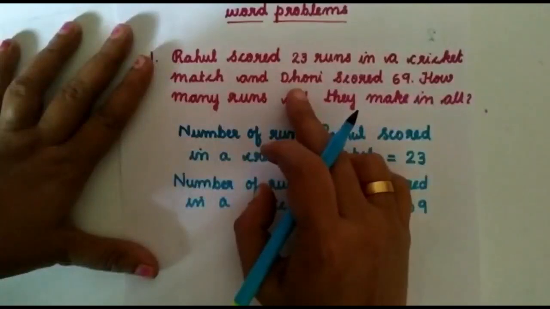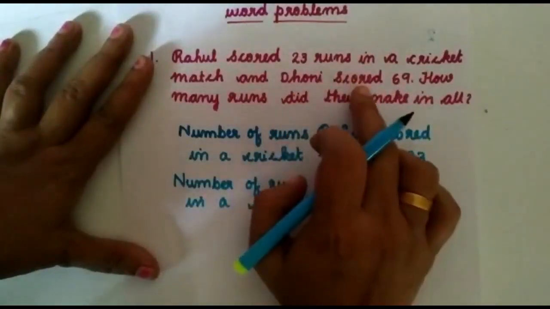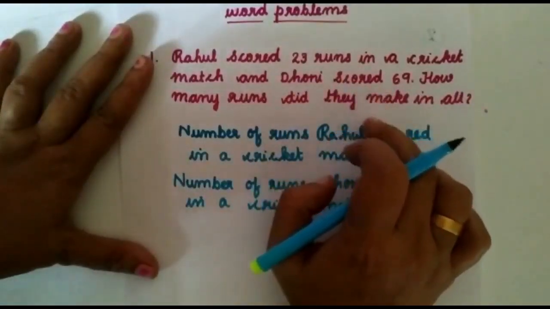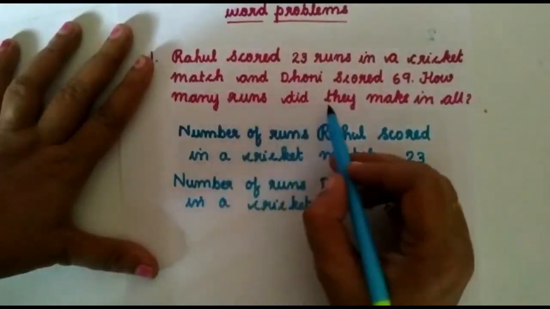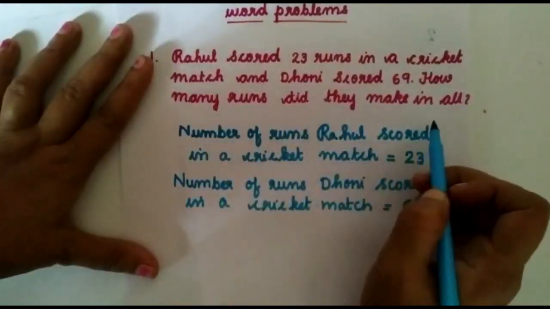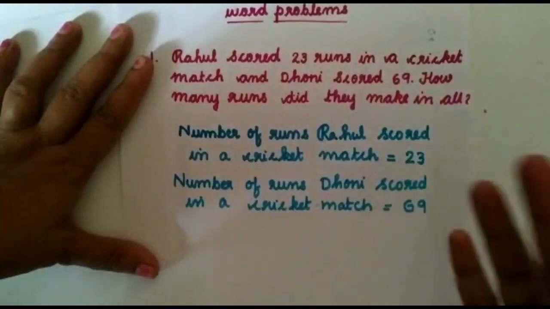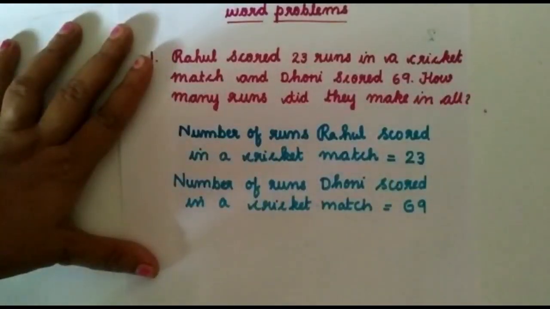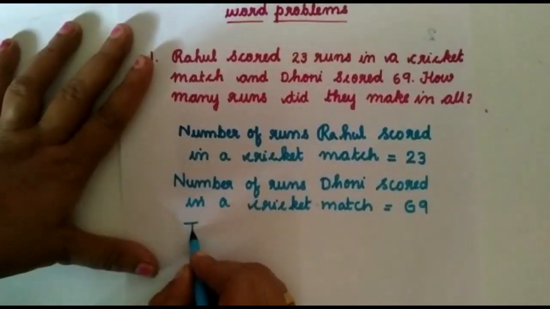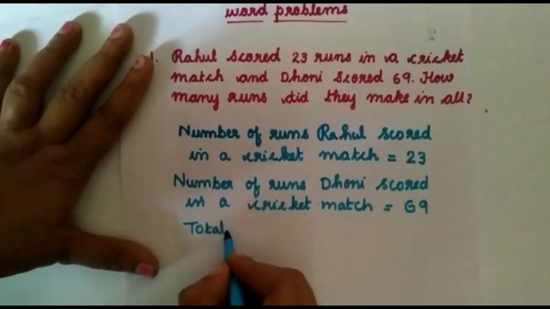Next step, number of runs Dhoni scored in a cricket match, that is 69. So how many runs did they make in all is the question. When we find in all together, sum in the question, what we have to do? We have to do addition. Okay. So next step is total number of runs.